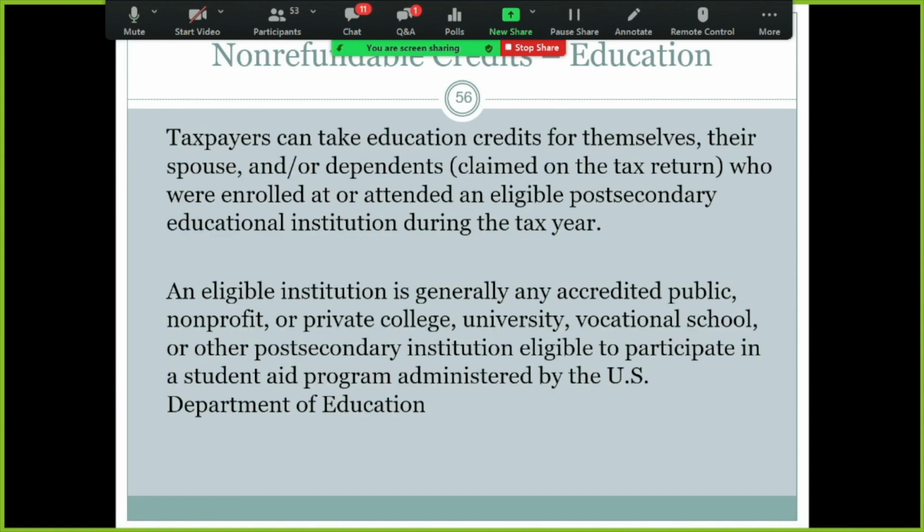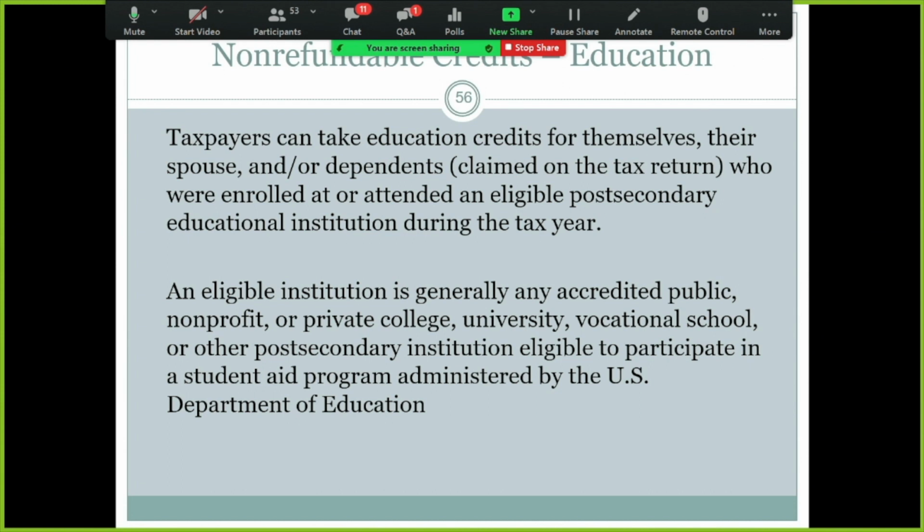So let's take a look at some of the guidelines. Taxpayers can take a credit for themselves, their spouse, and or dependents claimed on the tax return who were enrolled at or attended an eligible post-secondary educational institution during the tax year.